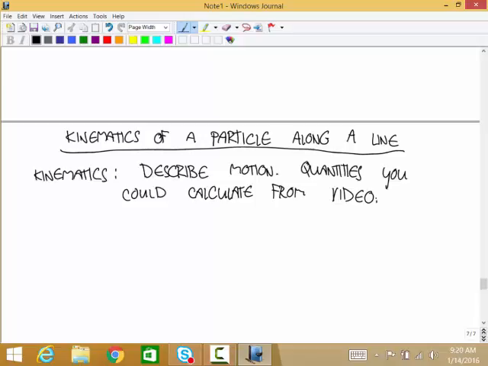So position, velocity, and acceleration, those are the three kinematic quantities that we're going to deal with, and time. You could measure the time on a videotape. We're not going to be dealing with force or mass. So, no masses or forces.